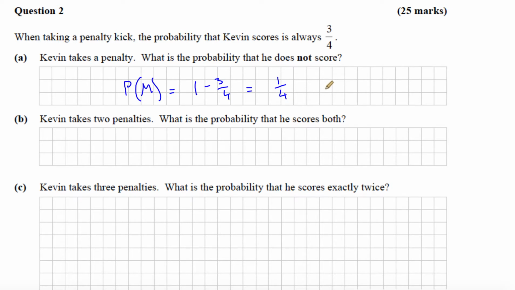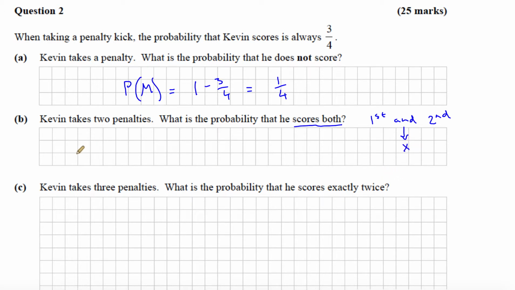Part B says Kevin takes 2 penalties. What is the probability that he scores both? Now, scores both, you can reinterpret that to mean that he scores the first and second. And the word "and", remember, is always linked to the multiply sign in probability.